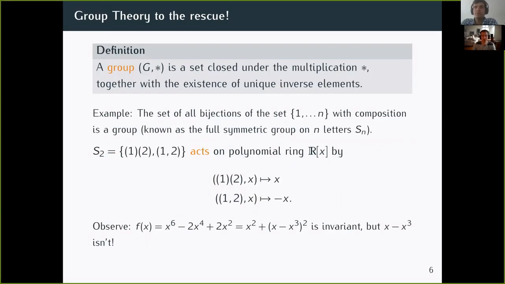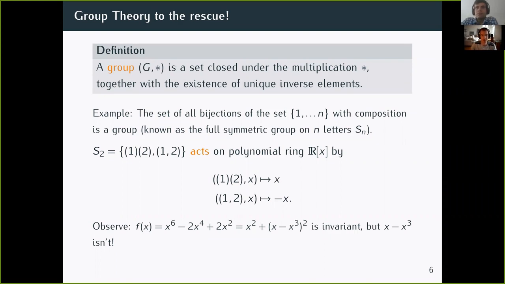Okay, so before I tell you how to block diagonalize all of these matrices rho_i, I need to introduce a little bit of notation. Some of you might know the definition of a group from a first abstract algebra course, but here's a quick recap. A group is just a set closed under multiplication, so if you multiply two elements from the set, you end up inside the set, together with the existence of unique inverse elements that bring you back to the identity.